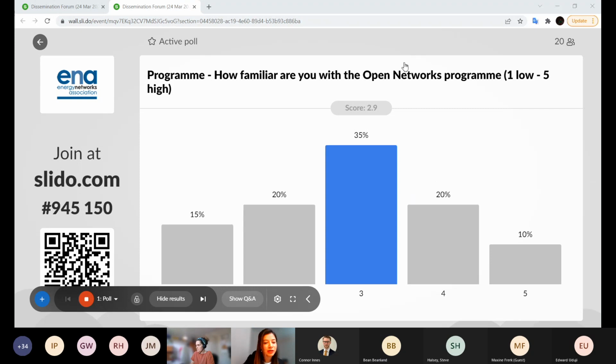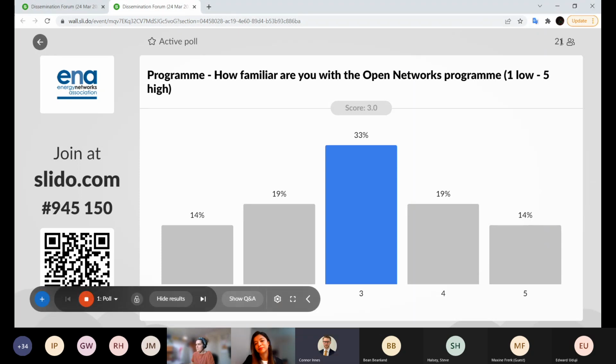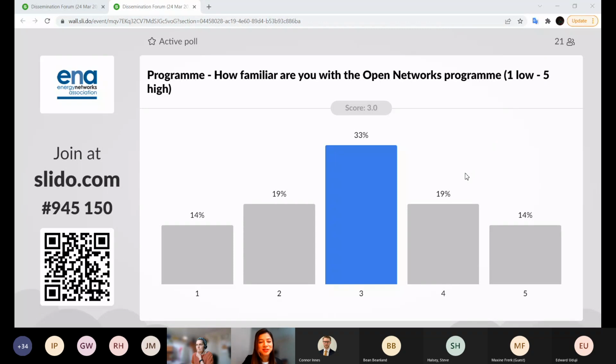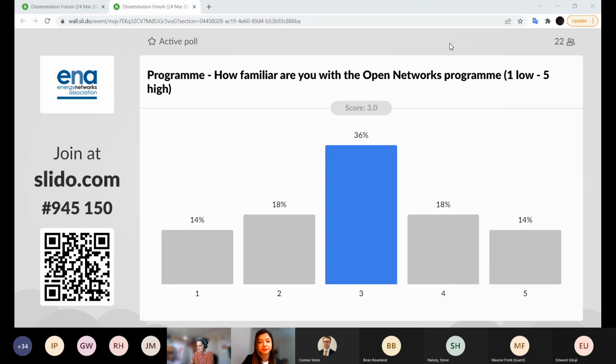Are we able to see how many responses we've got so far, Connor? Oh yeah, a total of 21 so far. So I think we're seeing lots of threes, so people are somewhat familiar with it, but perhaps not as familiar with some of the detail.